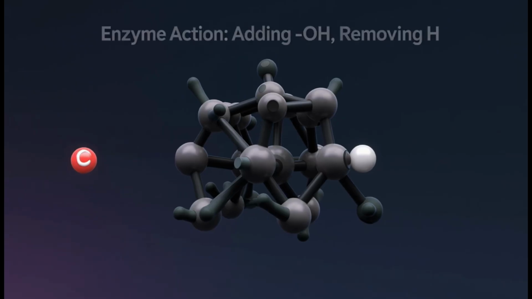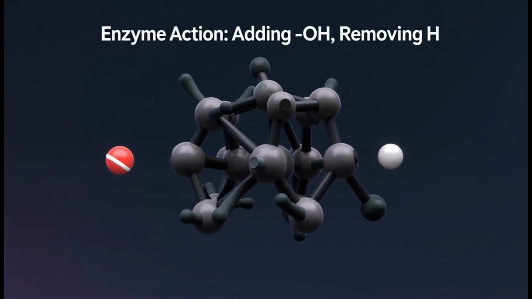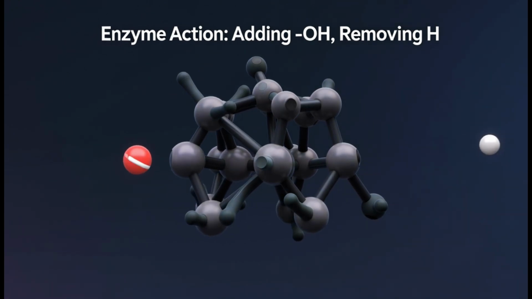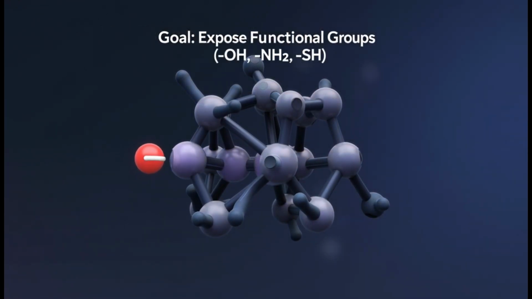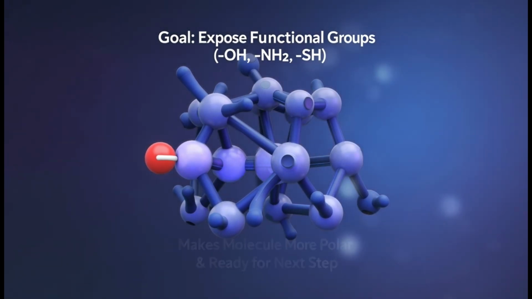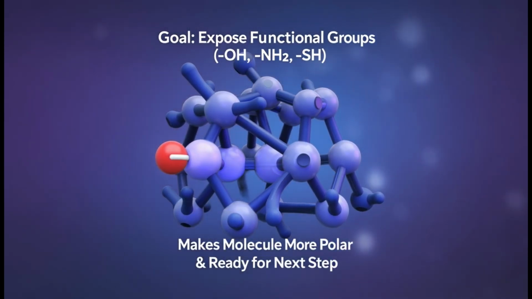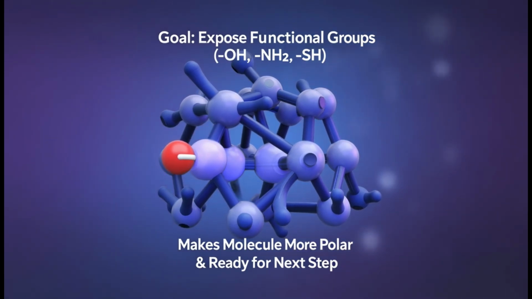What's happening here is the enzyme is either adding an oxygen-containing group or removing hydrogen, and the goal is to expose or introduce a functional group, so something like an OH, an NH2, or an SH group, and this makes the molecule a little more polar, a little more ready for the next step.